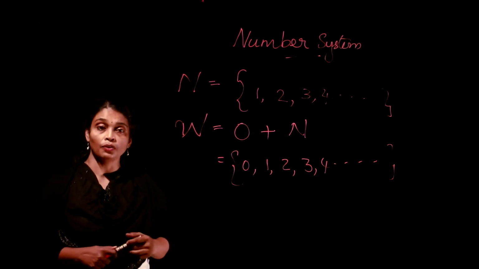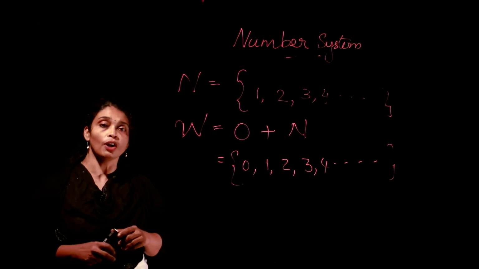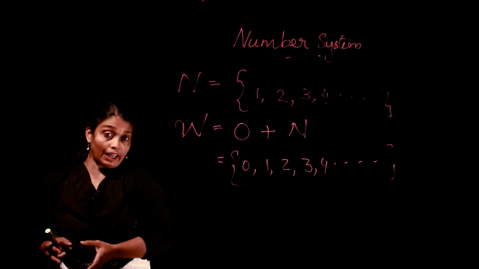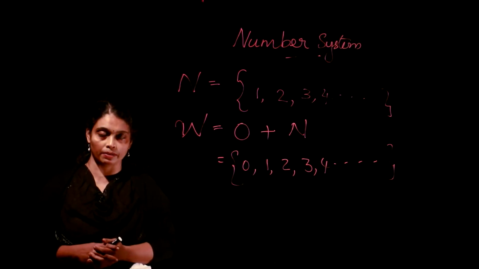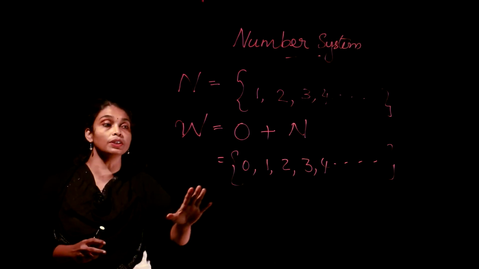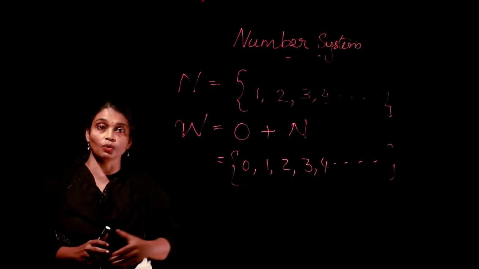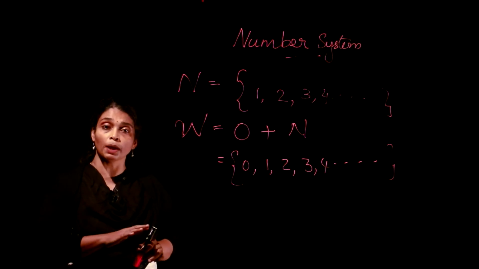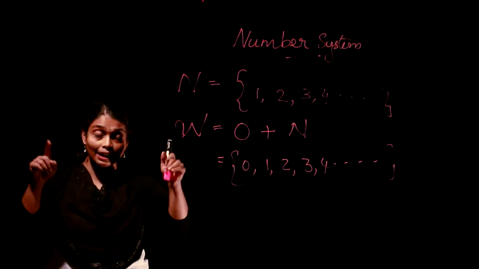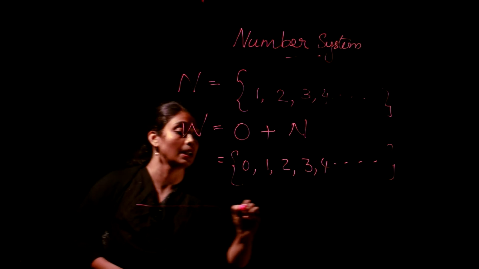Then when we started subtracting a greater number from a smaller number, it didn't reach 0. So we had to think about some numbers beyond 0. Then came the concept of the number line.